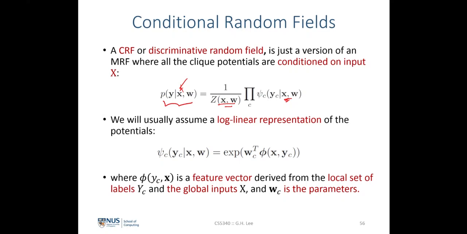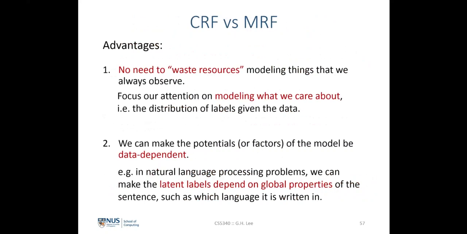We'll usually assume a log linear representation of the potential, as what we have seen earlier, with this particular expression over here, where phi of y_c and x is a feature vector. But now, instead of deriving this feature vector function purely from the random variable itself, we will also use the global inputs x to model this feature vector, and w_c here is the parameters.